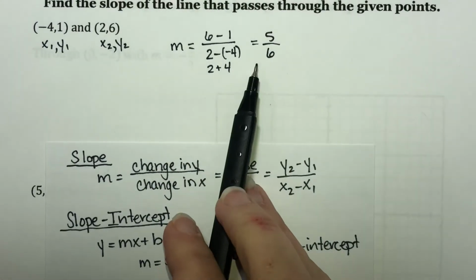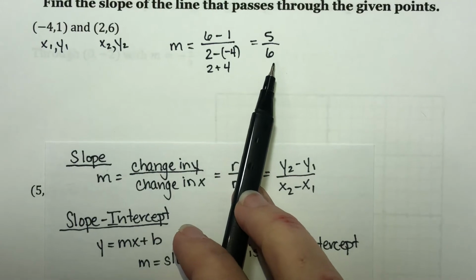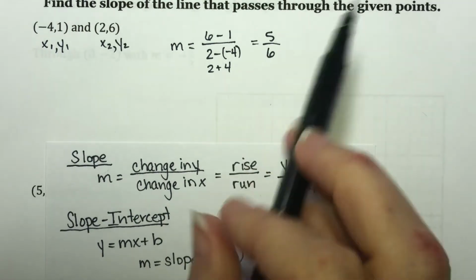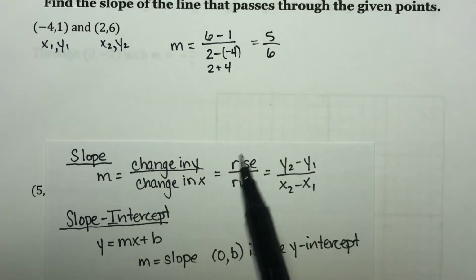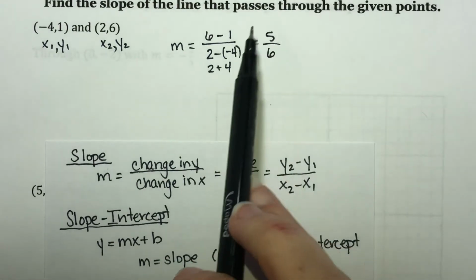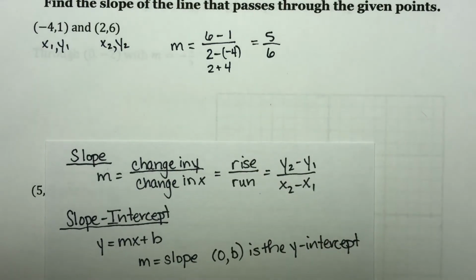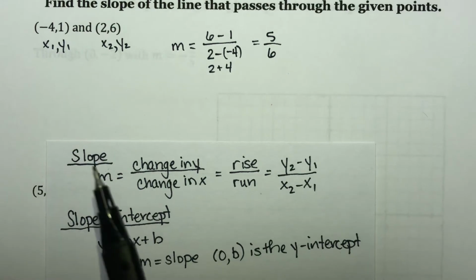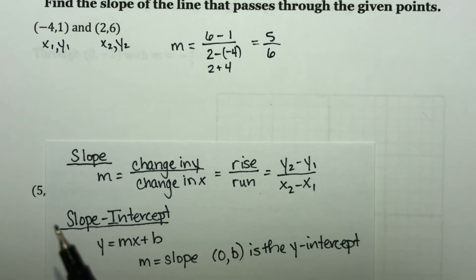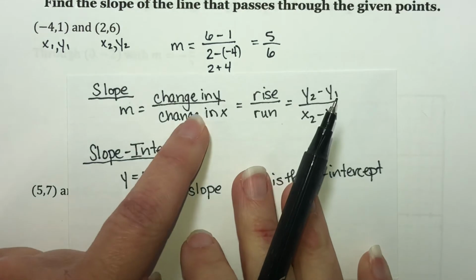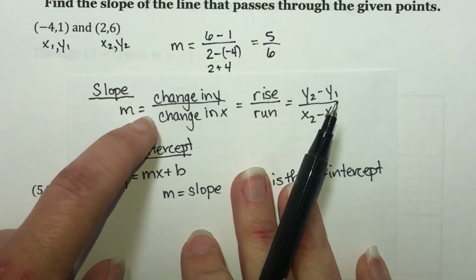You're going to get just a fraction, most of the time. If it had been over 1, you would just write 5. But it's going to be a fraction written in lowest terms. You do not ever want to write a slope as a mixed number, okay? Remember that a slope is a ratio. It's supposed to give us the change in y over the change in x.